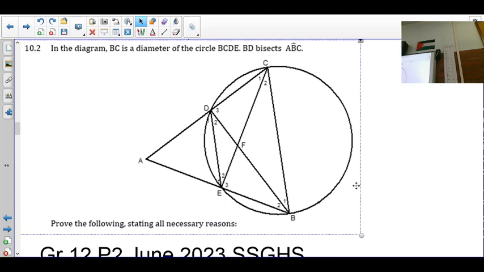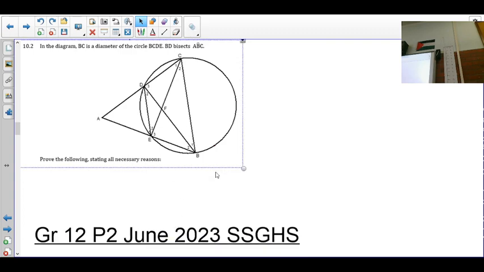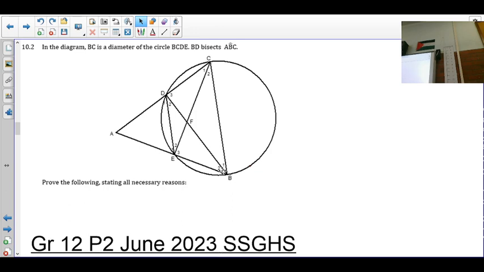10.2. In question 10.2 we are told, in the diagram BC is your diameter. So if BC is your diameter, what do we know? D1 and D2 is 90, E3 is 90 degrees. D3 and E3 is 90 degrees.